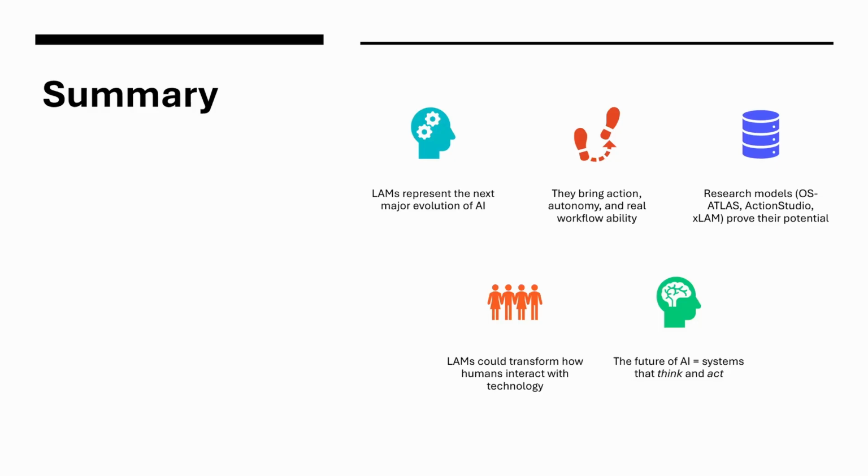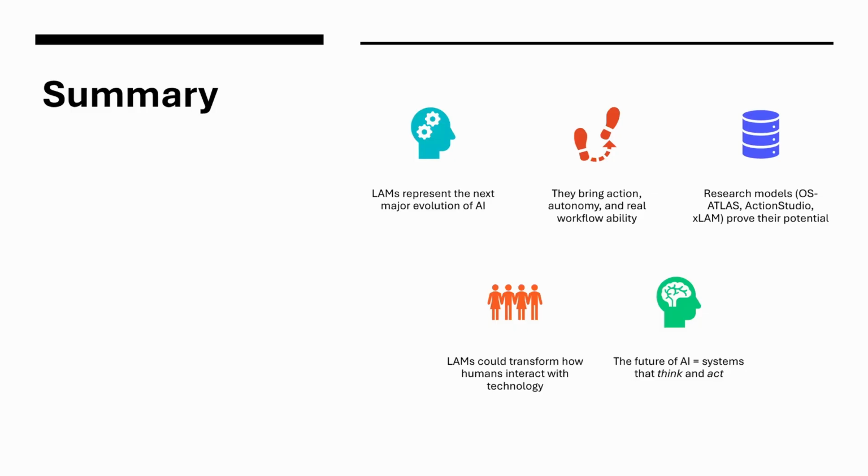You can use different research models that have come out, and they have definitely proven their potential. Things like Atlas, Action Studio, things like that. And LAMs can transform how humans even interact with technology.